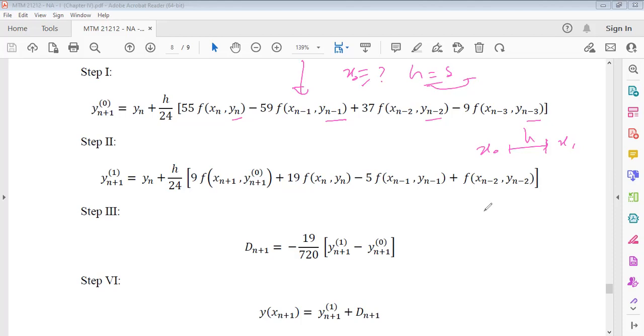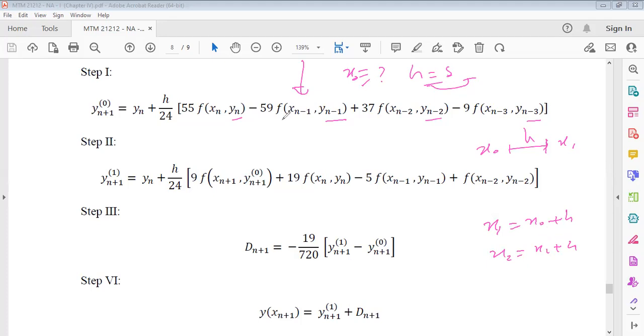Since I told you this is Newton backward and forward interpolation, x1 will be x0 plus h, and x2 will be x1 plus h. So equal length has been increased.